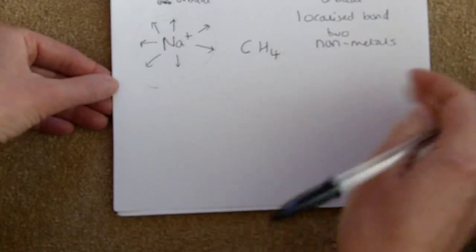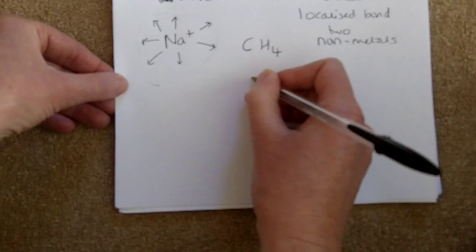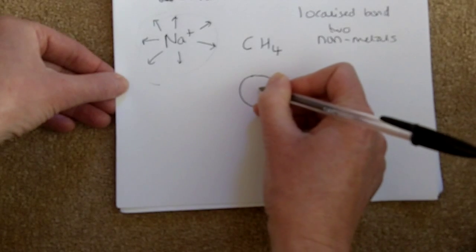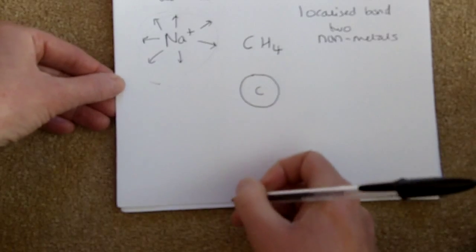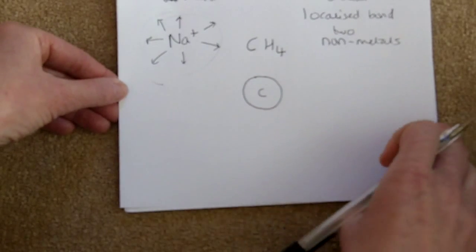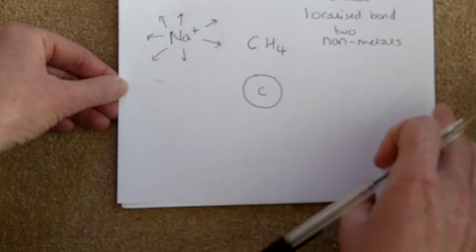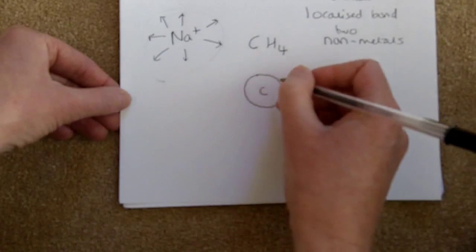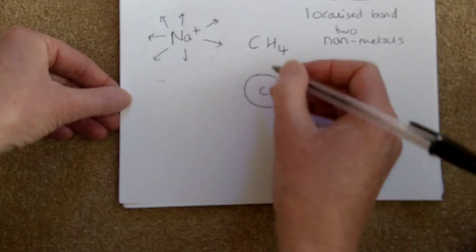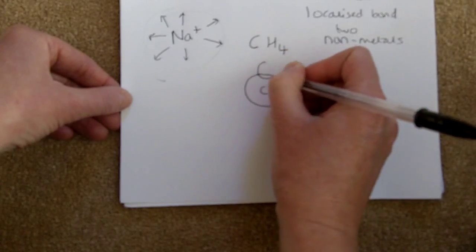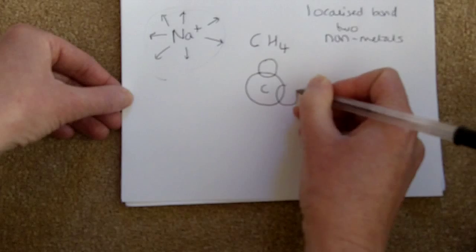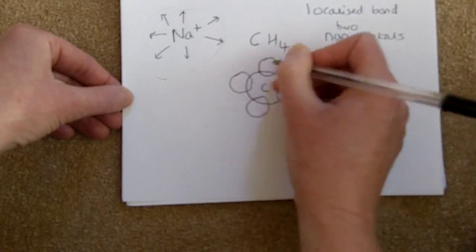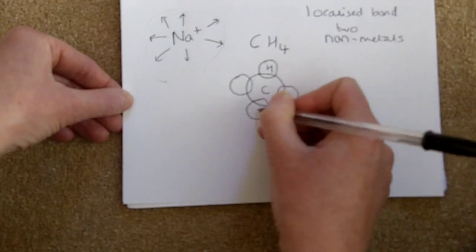Now, you look at carbon. Now, there's two ways to draw this. You can draw it the circle method. There's another way I'm going to show you. You put the symbol of the atom in the middle. Remember, we're only interested in the outer electrons. Carbon is in group 4, so carbon has got 4 outer electrons, and we've got 4 hydrogens overlapping. It's a shared pair of electrons.